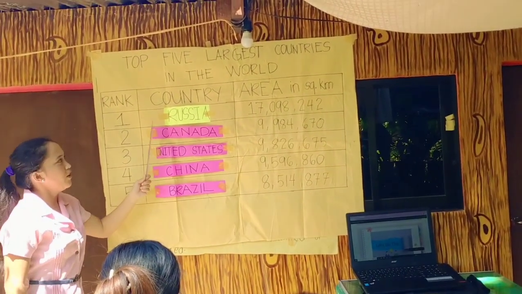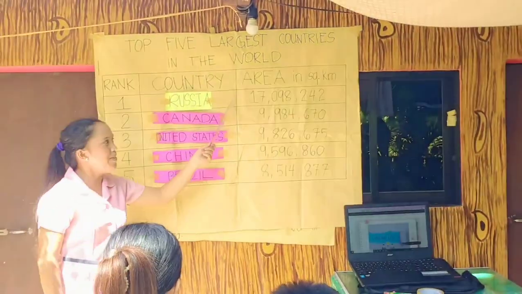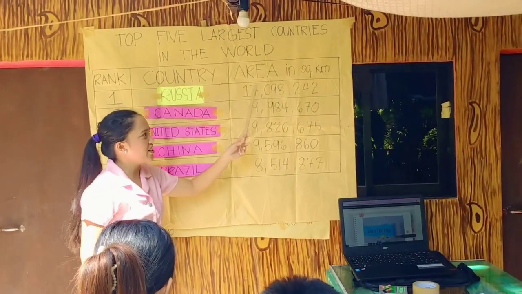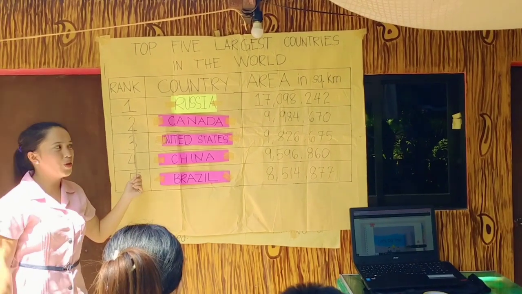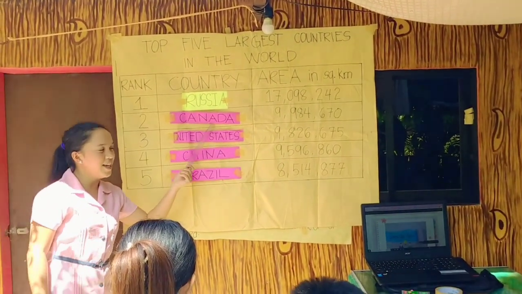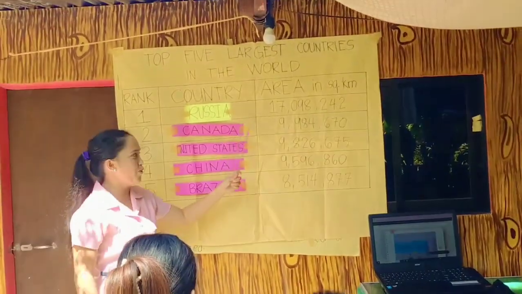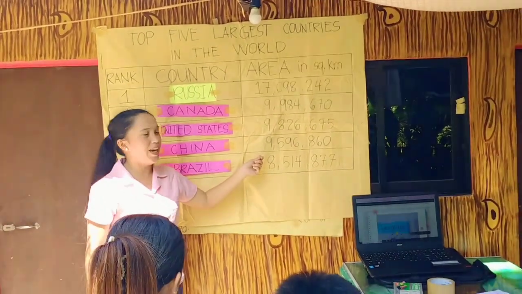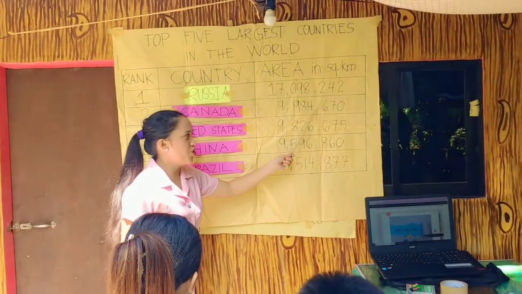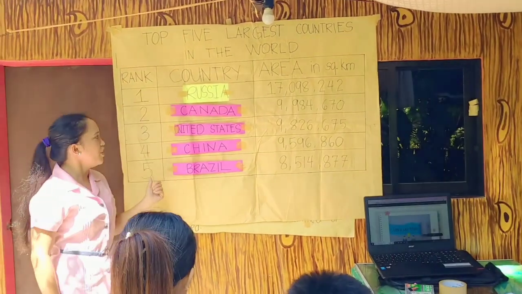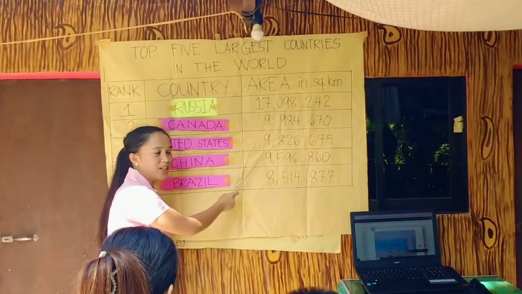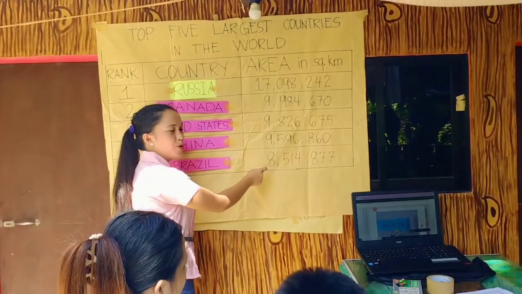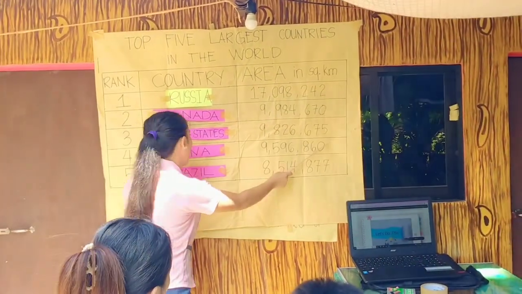First rank, Russia, with a land area of 17,098,242. Second rank, Canada, with a land area of 9,984,617. Third rank, the United States, with a land area of 9,826,675.